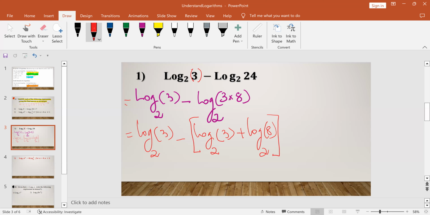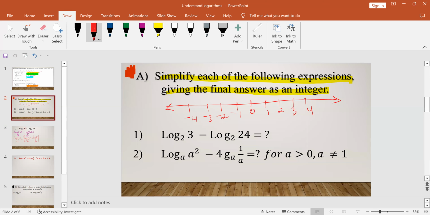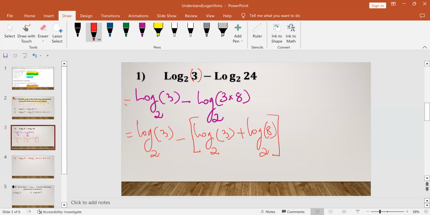There is a property, and we need to understand these properties to better understand what is going on here. The property I just used is the one I highlighted in yellow: logarithm of x times y is logarithm of x plus logarithm of y. We assume that 24 is 3 times 8.